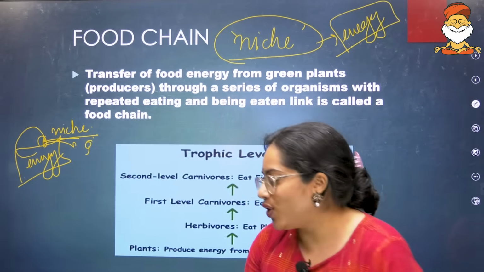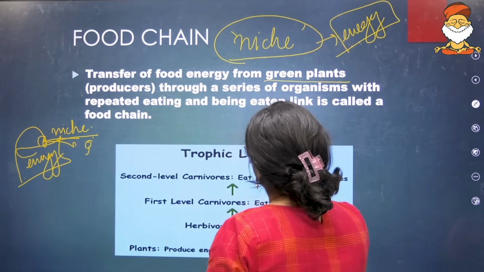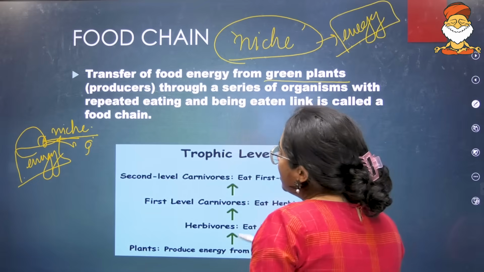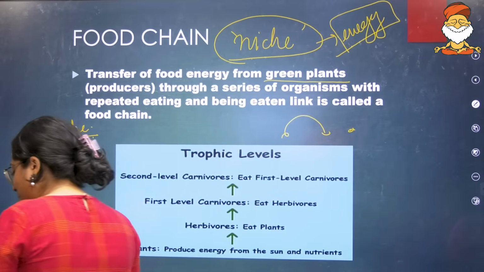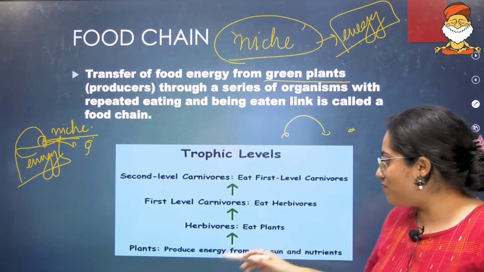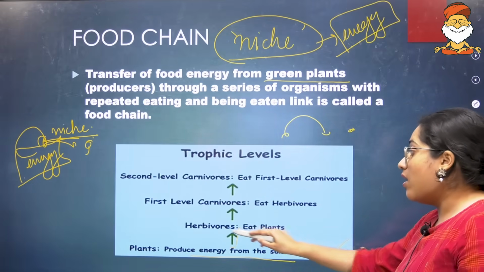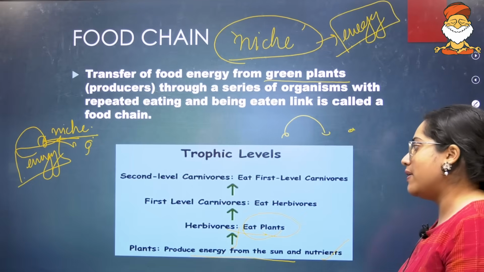So the transfer of food energy from one species to another is called a food chain. So it's repeated eating and being eaten, in this manner. You have plants which produce energy from the sun and nutrients, and then you have herbivores which will eat the plants.